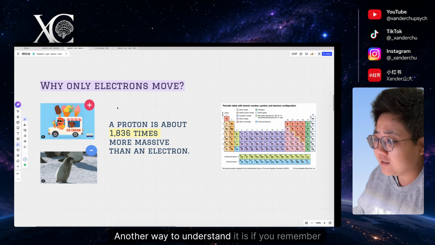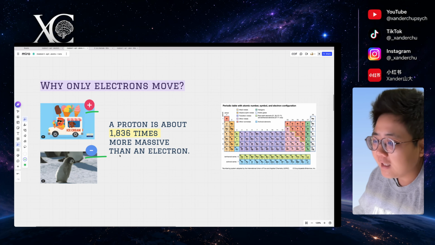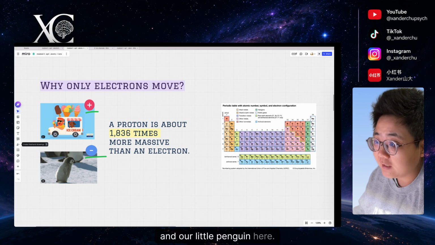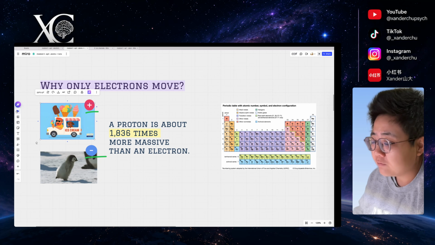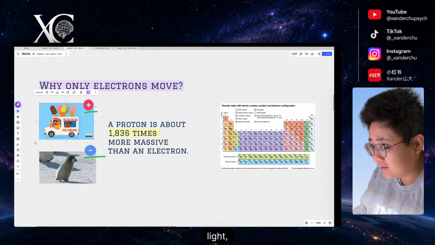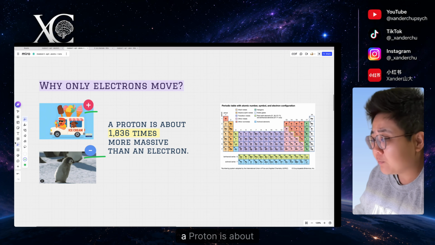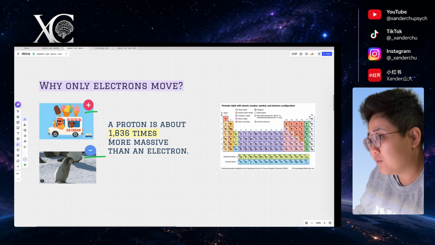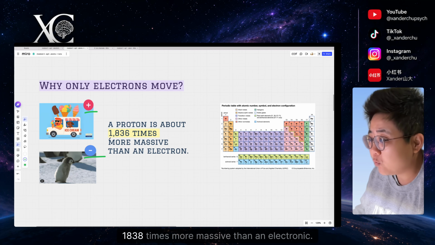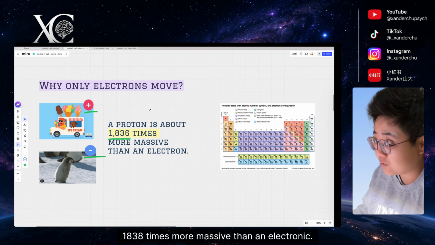Another way to understand it is if you remember our last episode's ice cream truck and our little penguin here, right? And remember, ice cream trucks are very heavy and penguins are light, so it's easier for them to move. And also remember, a proton is about 1,838 times more massive than an electron.